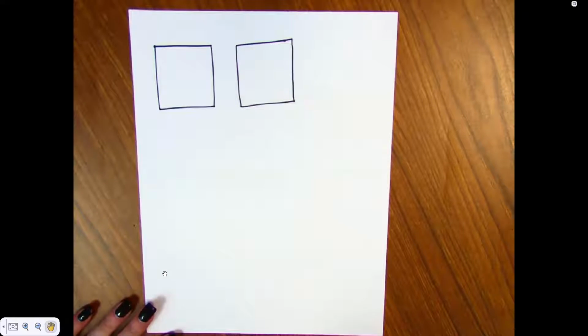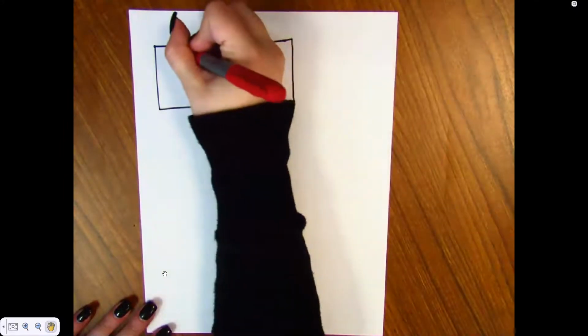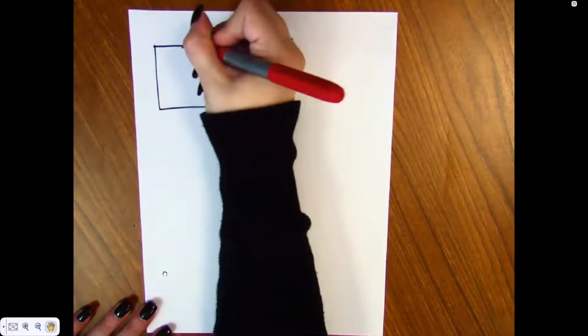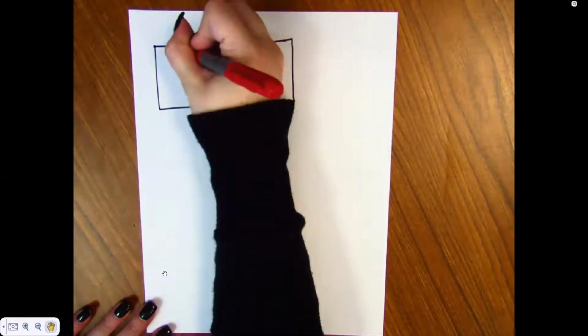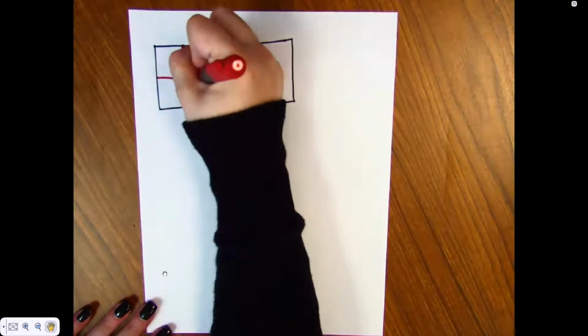How would you make this into 4 pieces? Tell me where to draw my lines. Go to the top. Or you can just make a plus sign. Okay, so make a plus sign. Or if you want, you can do an X.